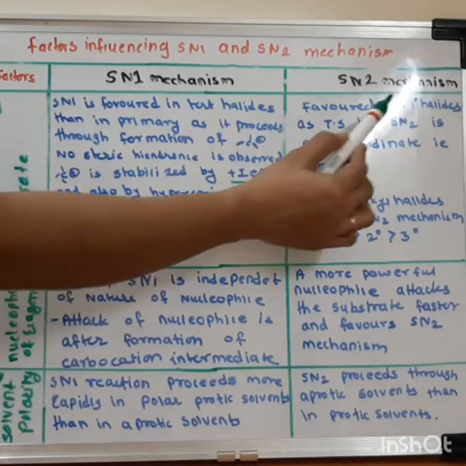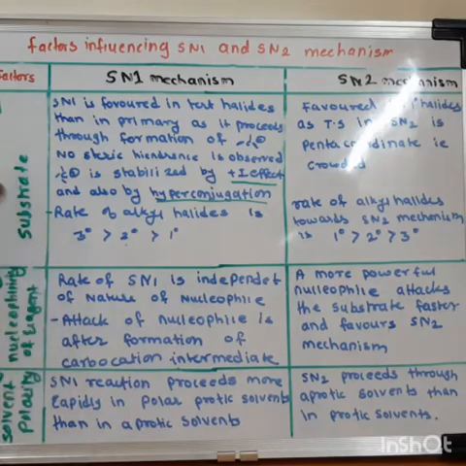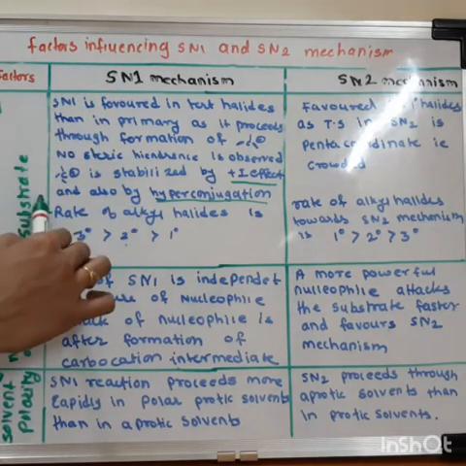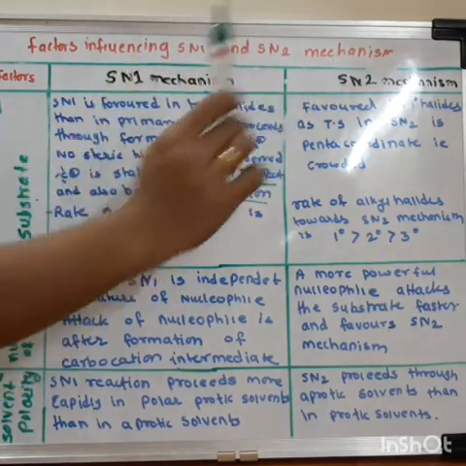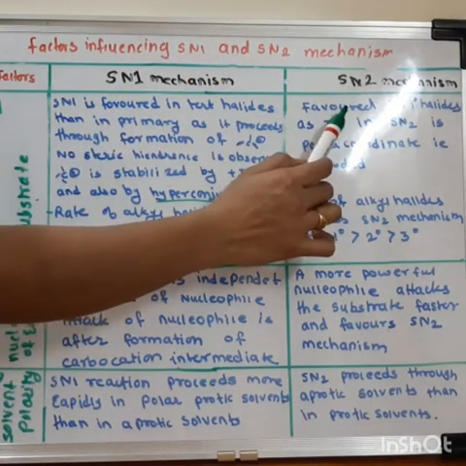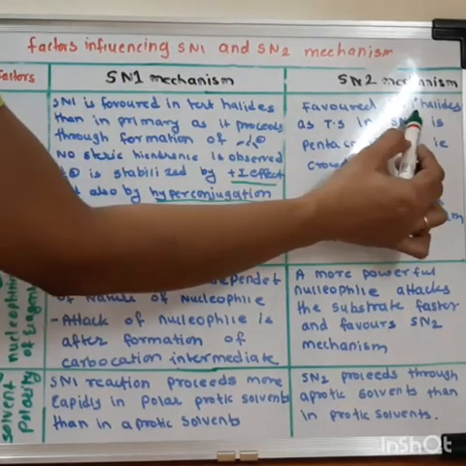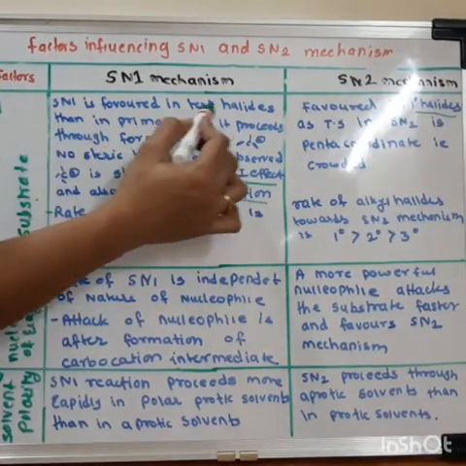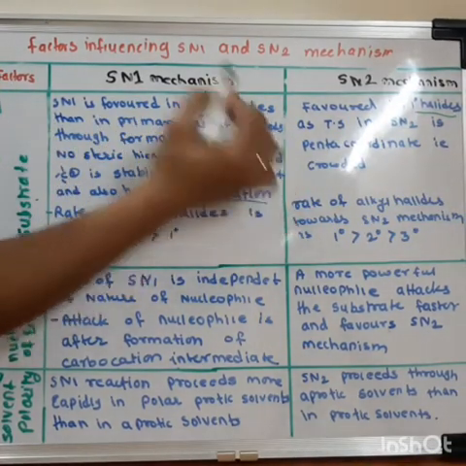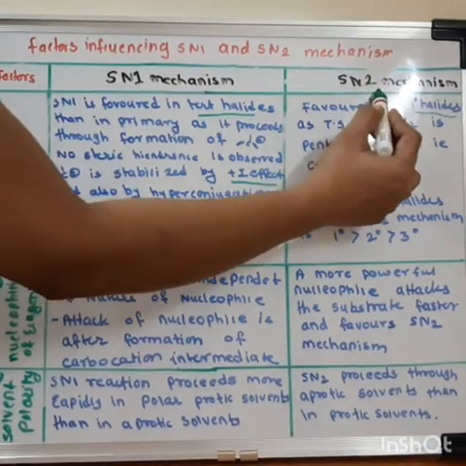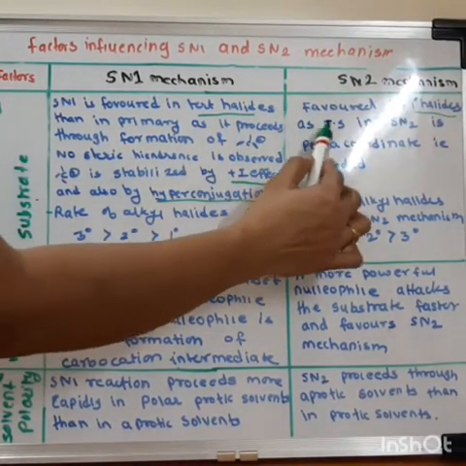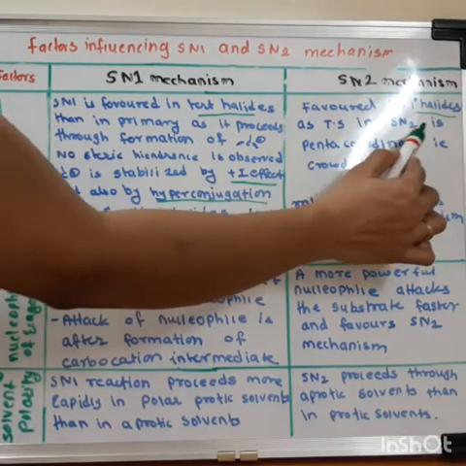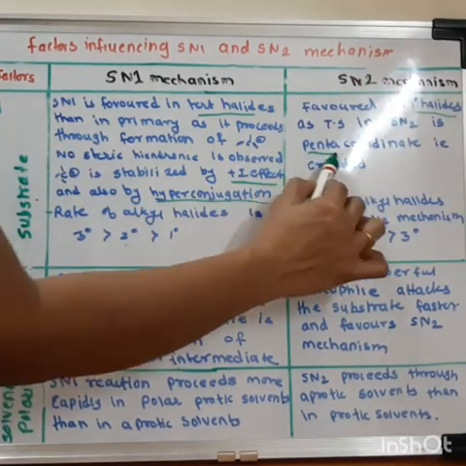Let's see the substrate as a factor influencing the SN2 reaction mechanism. So SN2 reaction is favored in primary halides. SN1 reaction is favored in tertiary halides, but SN2 reaction is favored in primary halides as the transition state in SN2 is pentacoordinate.